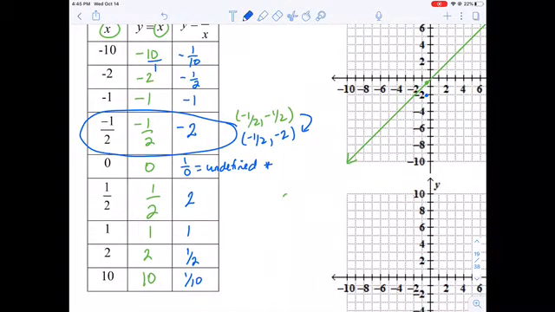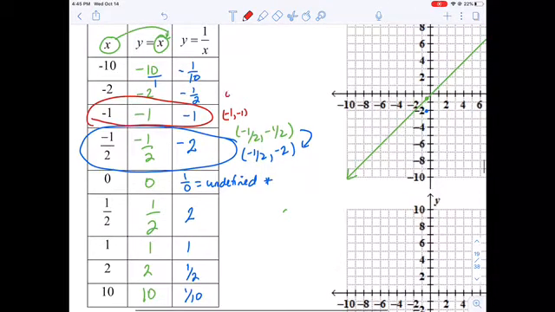If we look at a point like -1, -1, let's just glance at this one. My original point was -1, -1. That's the point on y equals x. If x was -1, y was -1.